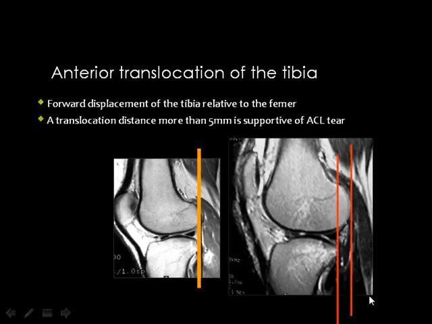Then you will see a distance between the posterior aspect of the femur and the posterior aspect of the tibia. And this distance is present on the lateral aspect, not on the medial aspect. You should go for the site of the lateral meniscus, and you draw a line. Both femur and tibia should be on the same line, but if the tibia is anterior, this is one of the supportive signs that the ACL is ruptured.